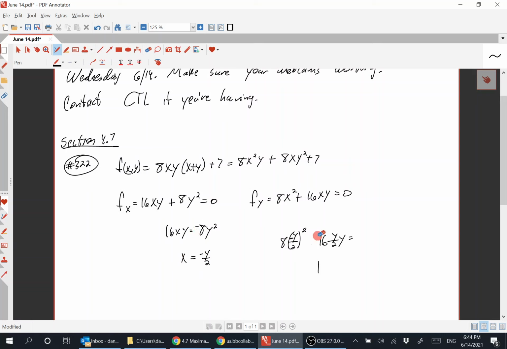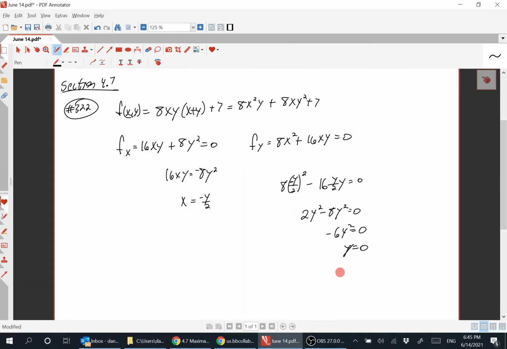So negative y over 2, and then that's going to be a negative 8y squared. So this is 8 over 4, 2y squared minus 8y squared. So just giving me equals 0. Giving us minus 6y squared equals 0. So of course y is equal to 0. So y is equal to 0, and then x is going to be equal to 0 again. So x, y equal to 0, 0 is the only critical point.